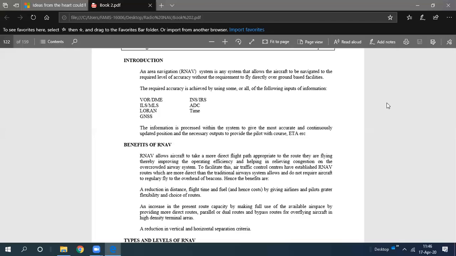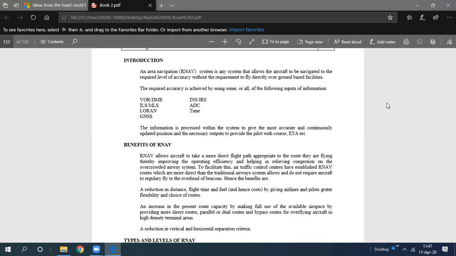If you are flying the ATS route, going from various reporting points so that you keep turning left, right, etc., by the time you reach your destination, you have done almost 500 nautical miles, for example. In case of the RNAV, area navigation route, you are reaching the same destination in hardly 200 miles. So imagine the benefit, the time you save.